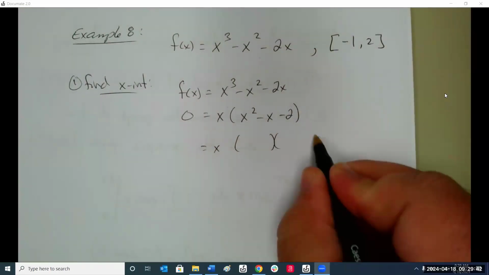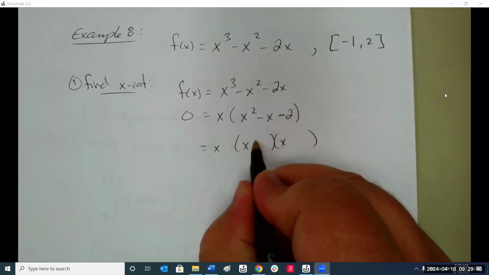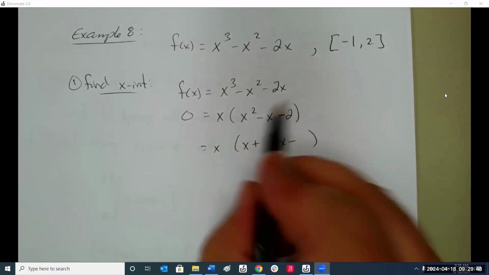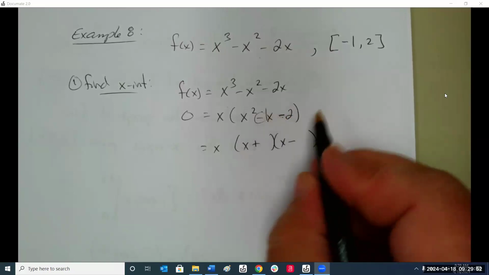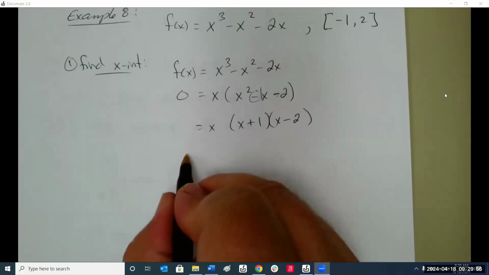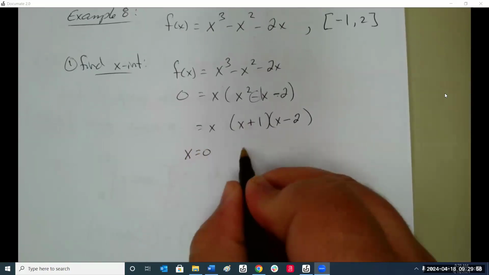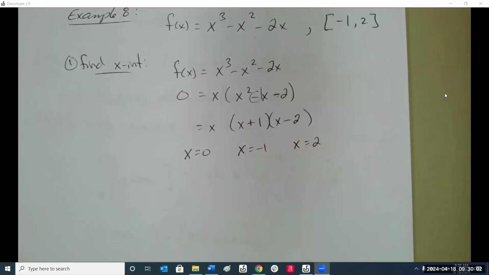And can we factor this one? The signs are opposite, with the bigger number negative. What times what is 2? When you subtract them, you get 1: 2 and 1. So our x-intercepts are at x equals 0, x equals -1, and x equals 2.